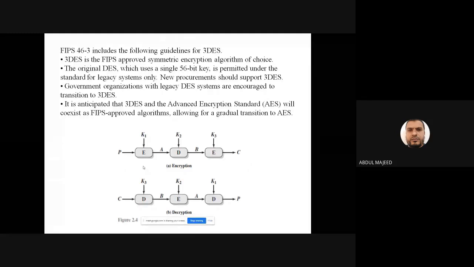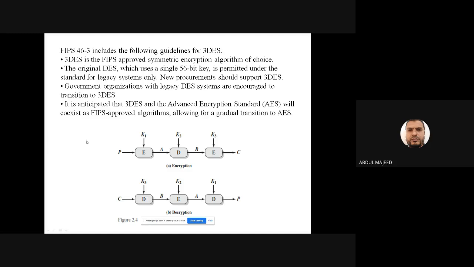So there are two diagrams, for encryption and decryption, and you can enclose these three things, EDE: encryption, decryption, and again encryption, into a rectangular box. Why? Because these three are one single process happening inside that algorithm.